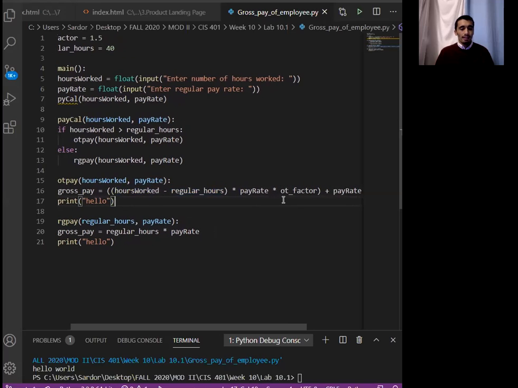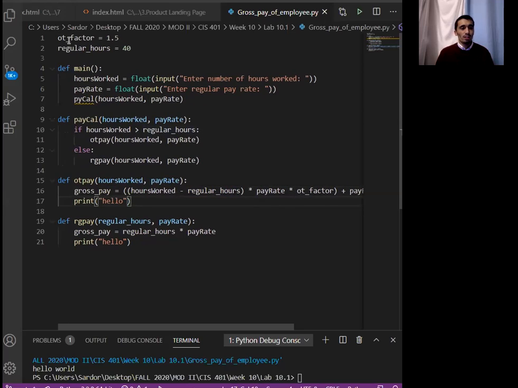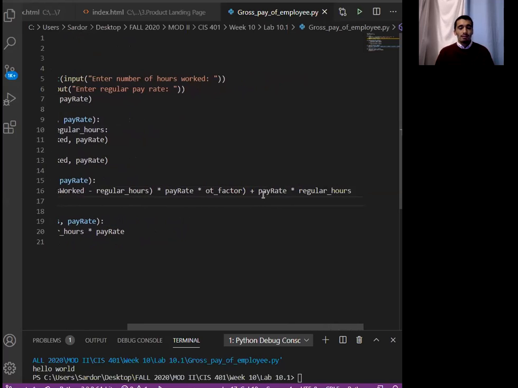After that, it is multiplying with pay rate, how much it is getting paid per hour. And also, since it is overtime, it is being multiplied with 1.5, which is OT factor. After that, the answer is being added with pay rate being multiplied by regular hours.